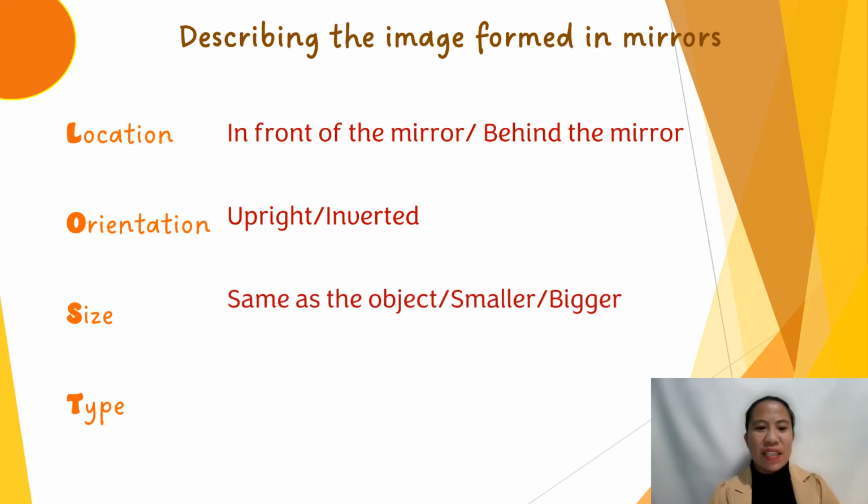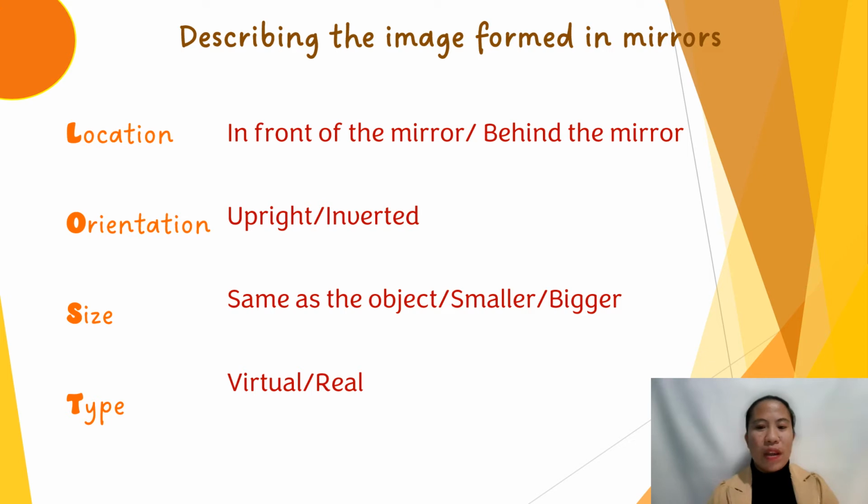Then for the size, the object could have the same size as the image, or the image could have a smaller or bigger size than the object. For the type, the image could be virtual or real.